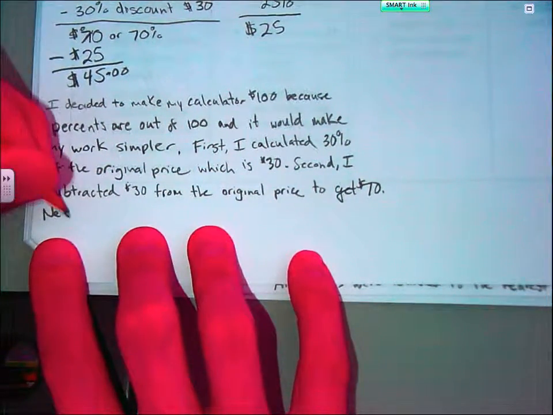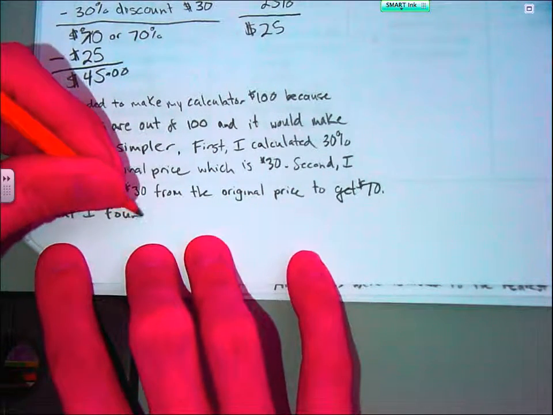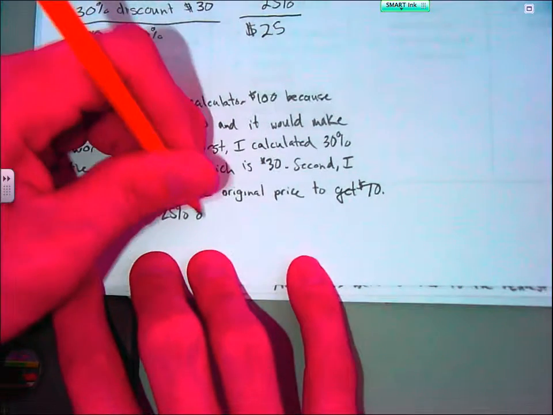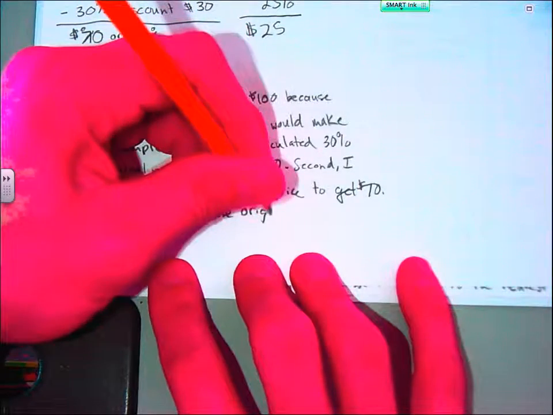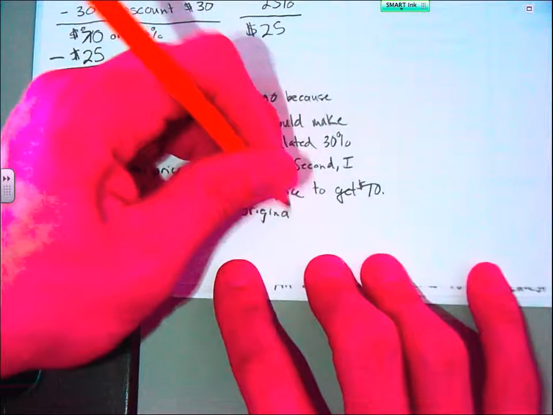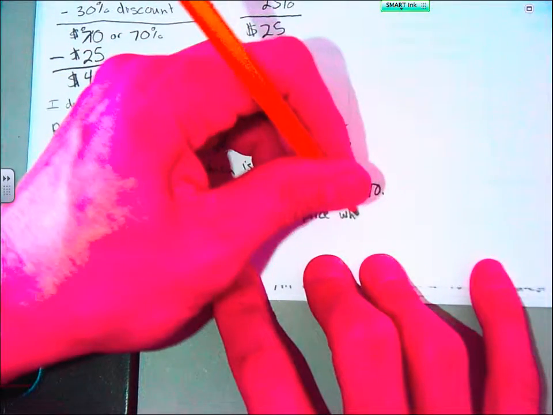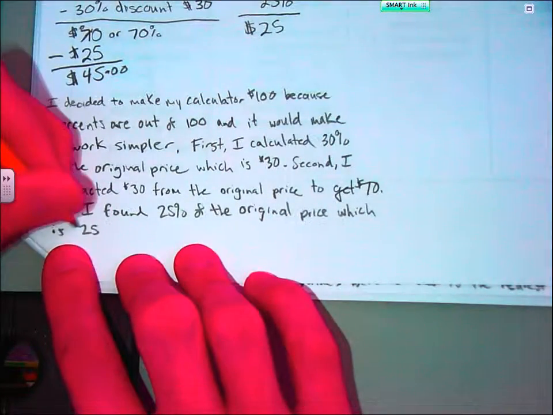Next, I found 25% of the original price, and that's the key with this first one with Best Buy, which is $25.